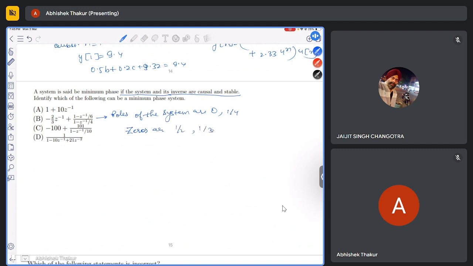So all the poles and the inverse of the poles lie within the unit circle, hence the system can be causal and stable. Option B is correct here.